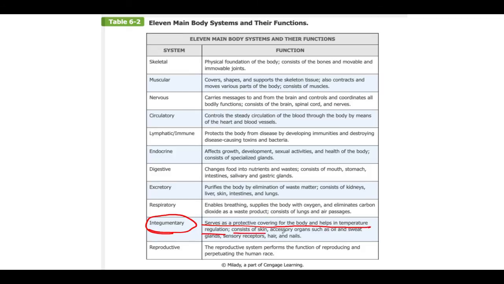It consists of skin and accessory organs within the skin, for example our hair and the glands that are part of the skin, such as sebaceous glands that secrete sebum, the oily substance, which also helps in the protection and covering aspect of it.